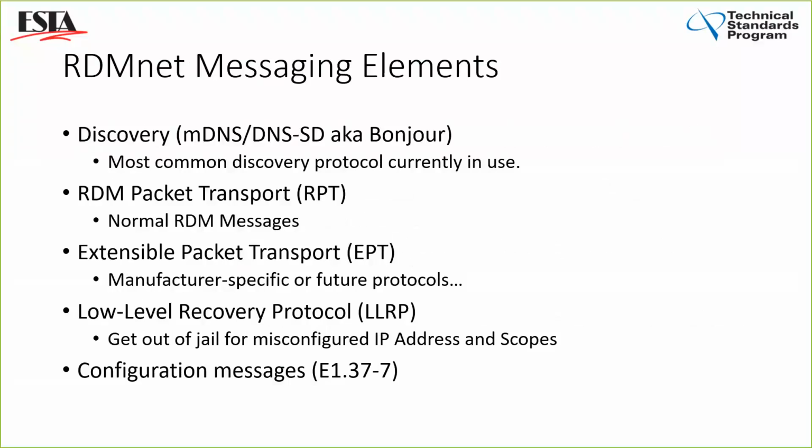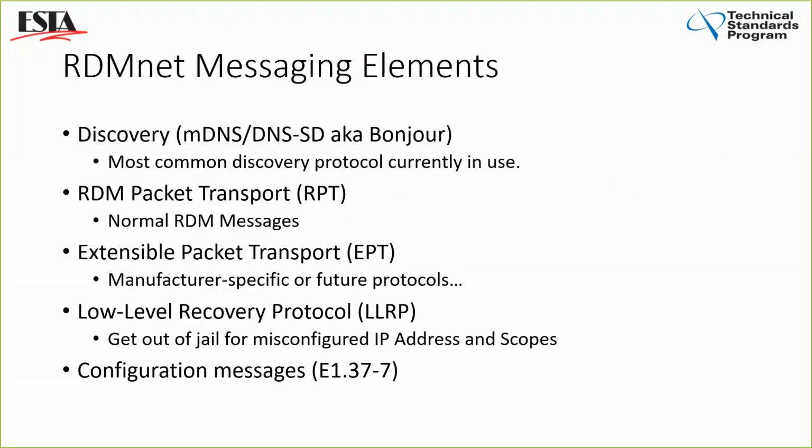What we're going to do now is give an overview of some of the technical building blocks that go into the RDMnet ecosystem and do a slightly deeper dive into each one of them and how they work. Basically, what makes up RDMnet is a discovery method for which we use mDNS or DNS-SD, also known as Bonjour.